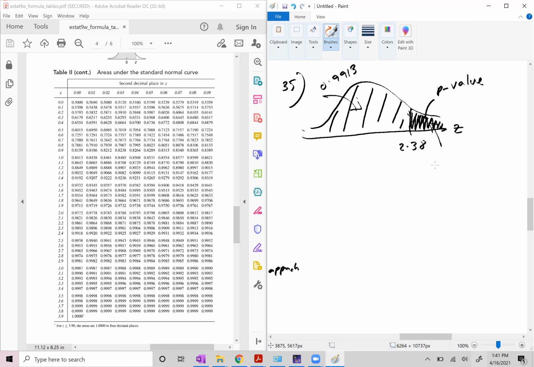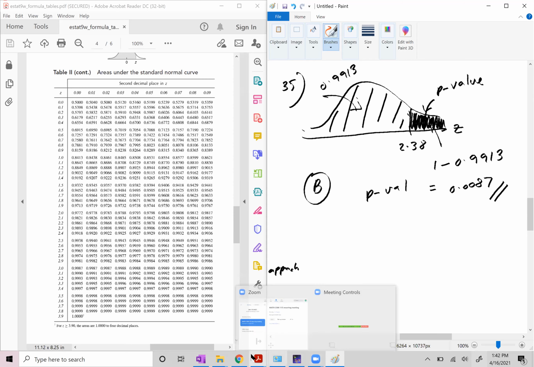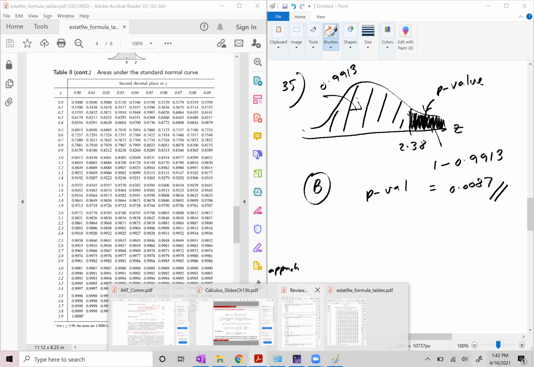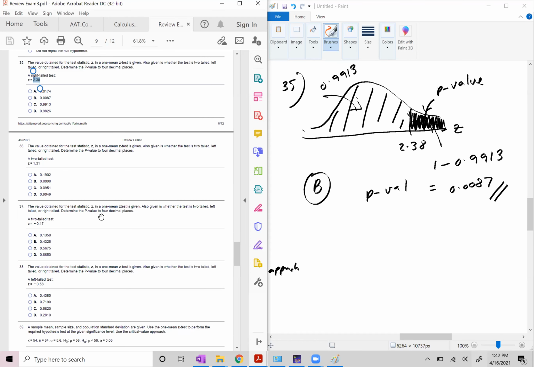We know that the total area is 1, so 1 minus 0.9913 gives the area to the right. That is what we need as the p-value. So the p-value here is 0.0087. So the answer to 35 is B.